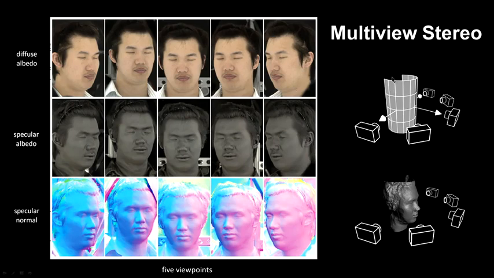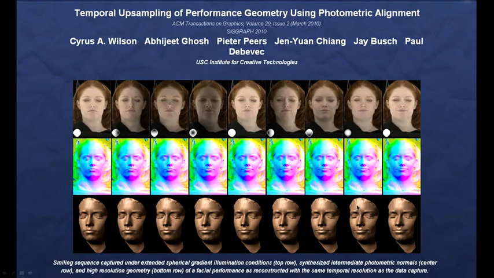This is done over a cylindrical space and gets our final result like this. Another thing we've done since Digital Emily is a Transactions on Graphics paper by Cyrus Wilson et al. called photometric alignment. You might have noticed in Emily's scan that there were a bunch of dots on her face.